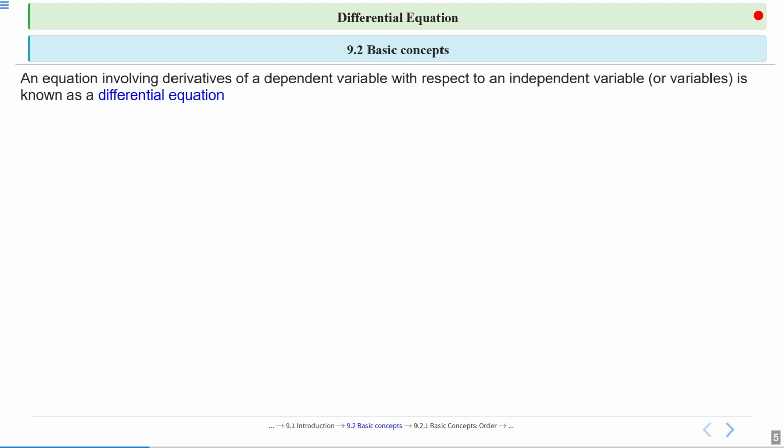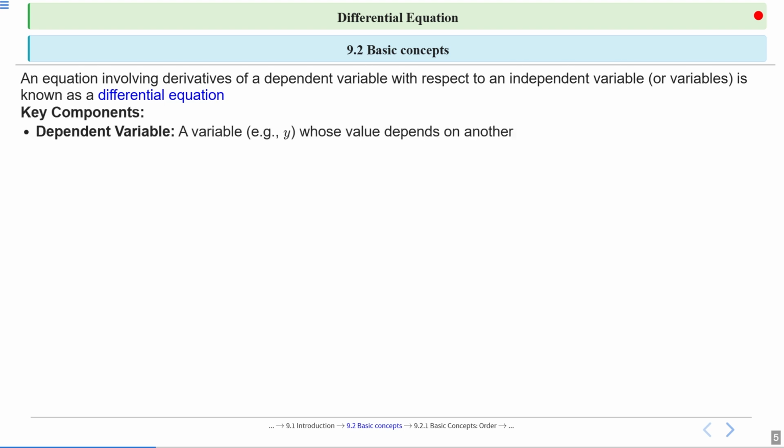So what is called a dependent and independent variable? A dependent variable is a variable whose value depends on another. As we understand by its name, any variable which is dependent upon another variable, for example y.